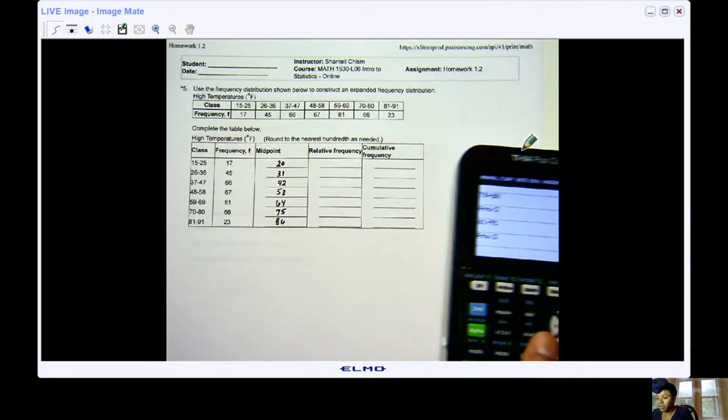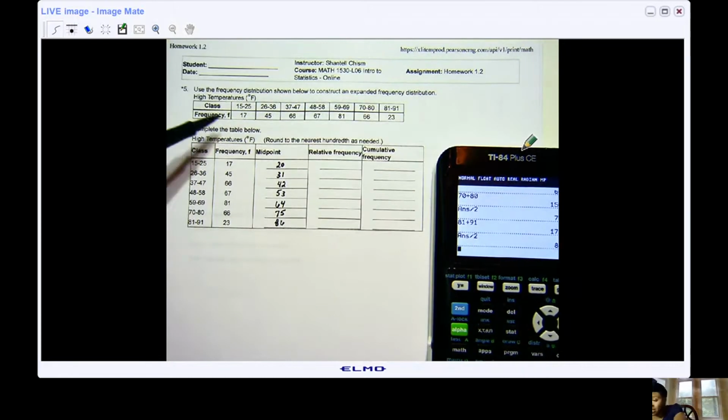Now, relative frequency. In this table we've got the frequencies. Relative frequency is a proportion: how much of the total data set belongs to a particular class. So relative frequency is the proportion of data values that belong to a class.